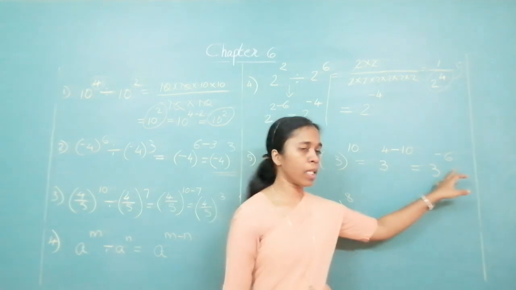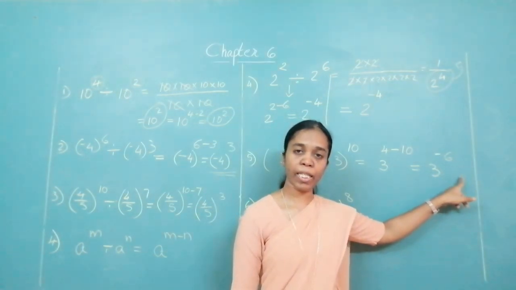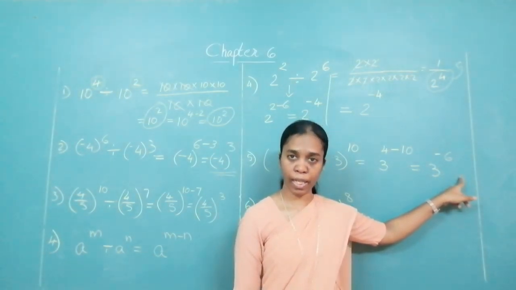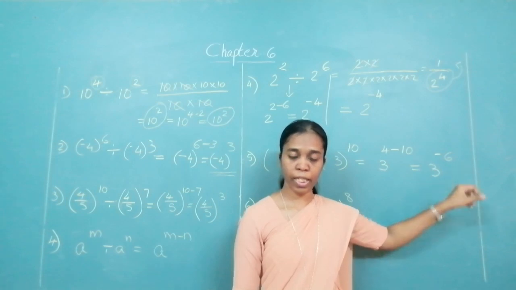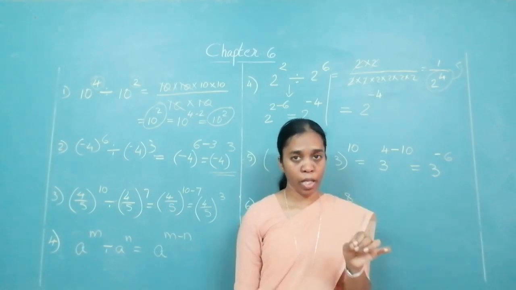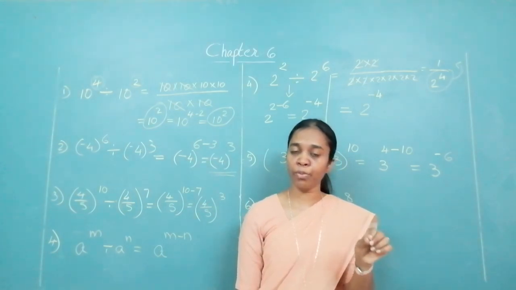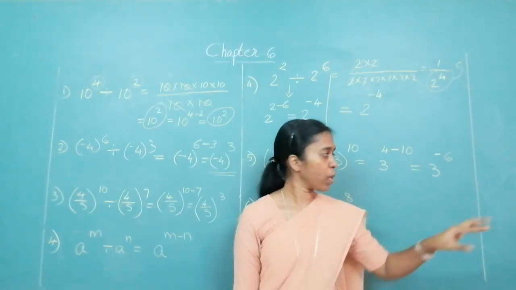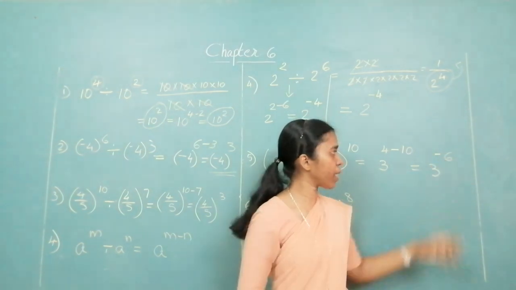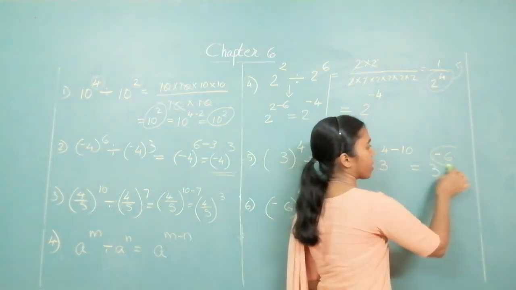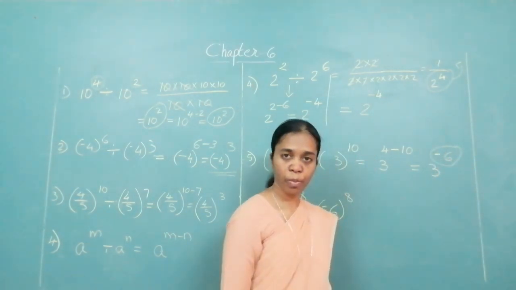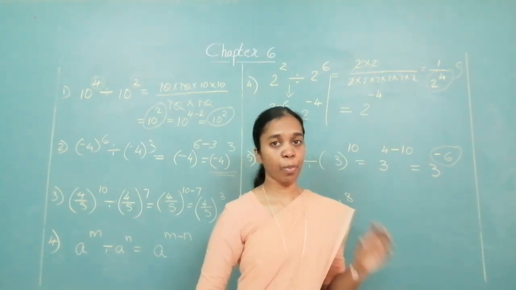Now this is index in the negative sign. In case you are asked to write the index in a positive form, you can see the index. Minus 6 is an index, so the index is in the negative form. How do we write the index in the positive form?